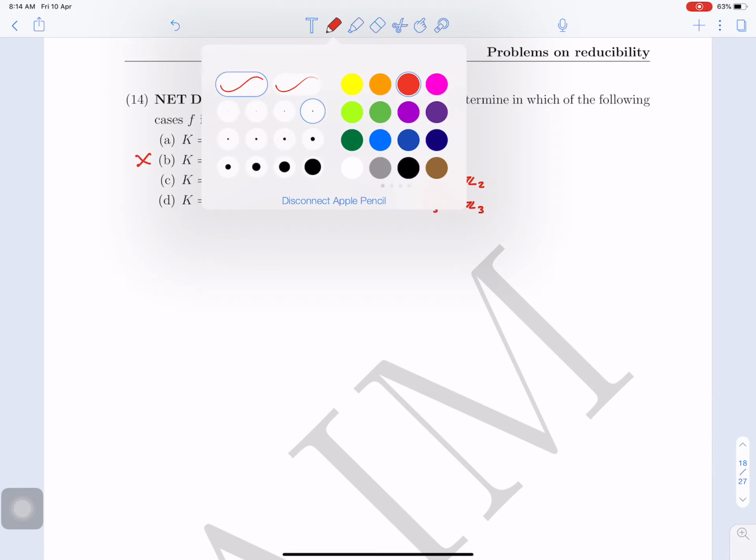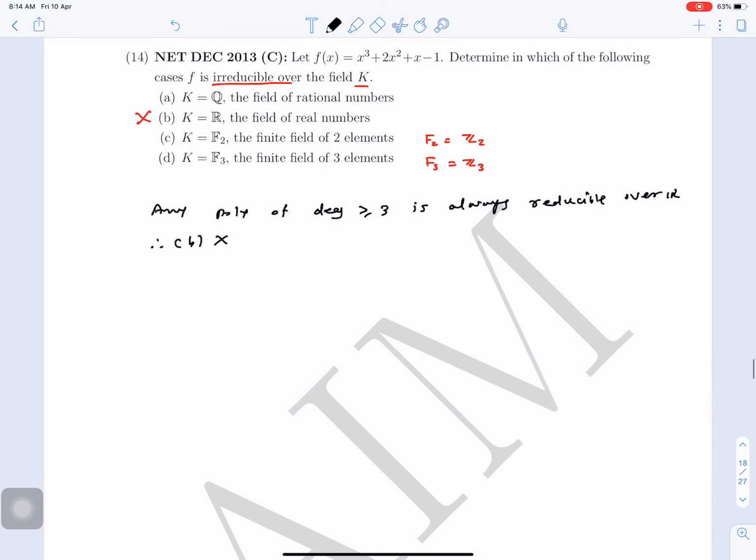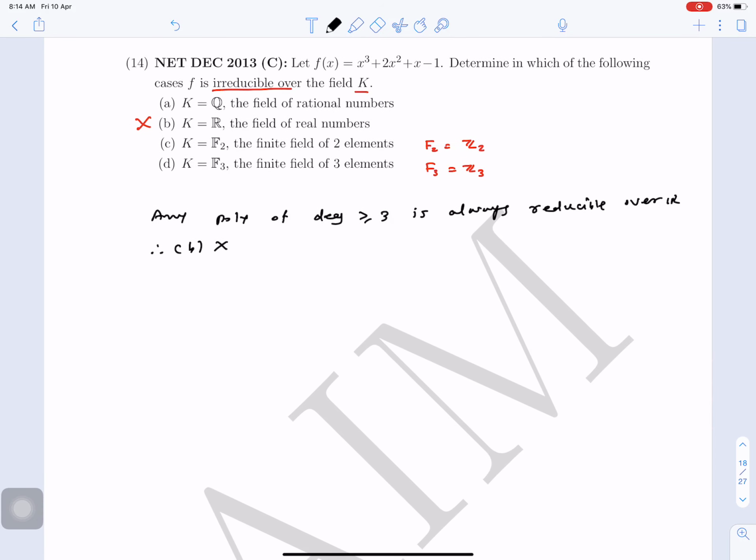Any polynomial of degree greater than or equal to 3 is always reducible over R, so therefore option B is wrong. Now let us go for options C and D. So now here I have f(x) equal to x cube plus 2x square plus x minus 1.